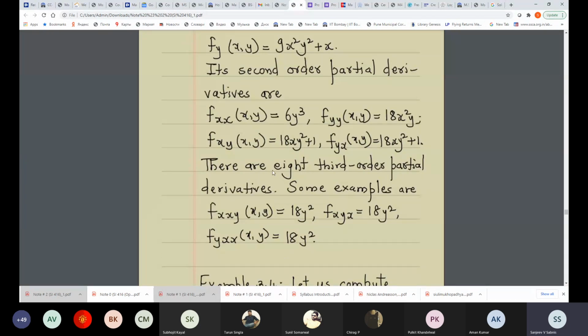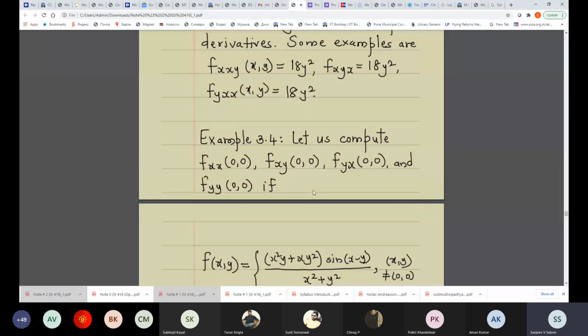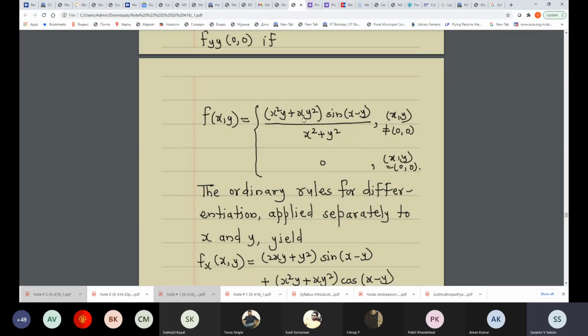If you go for the third order partial derivatives, these are some of the examples. Take the partial derivative of this with respect to x, which will lead you to this, and so on. These are all elementary. Now let's compute f_x(0,0), f_xy(0,0), f_yx(0,0), where the function f_xy is given by this.